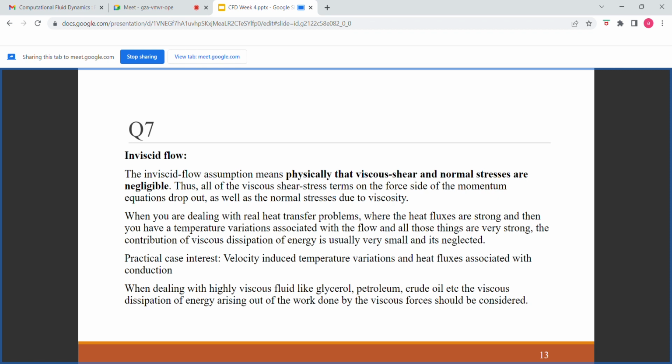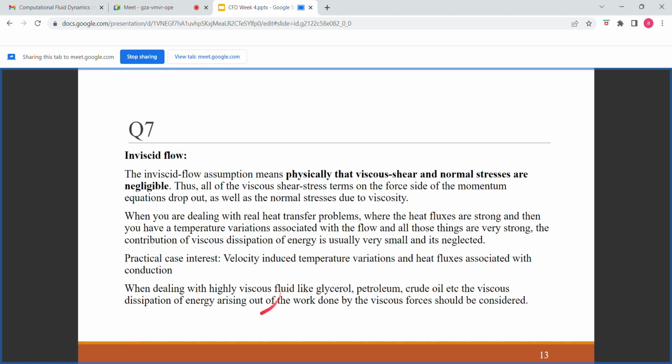But when velocity induces temperature variation, because of fluid flow, that would be the more practical case.